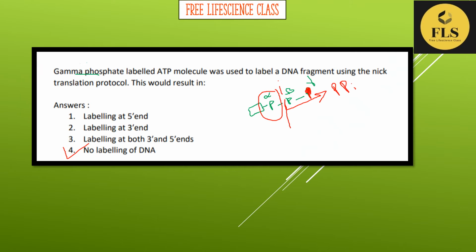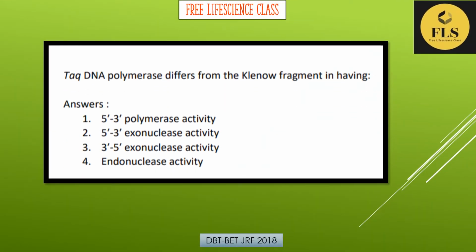Okay, moving to the next question. Taq DNA polymerase differs from Klenow fragment in having. Taq DNA polymerase has 5' to 3' exonuclease activity, whereas the Klenow fragment does not.